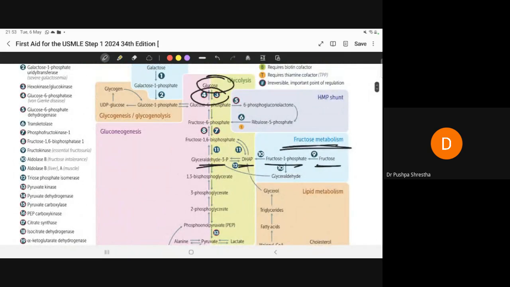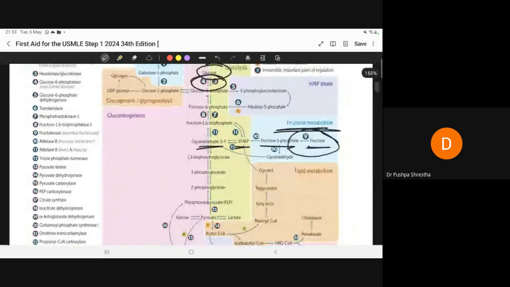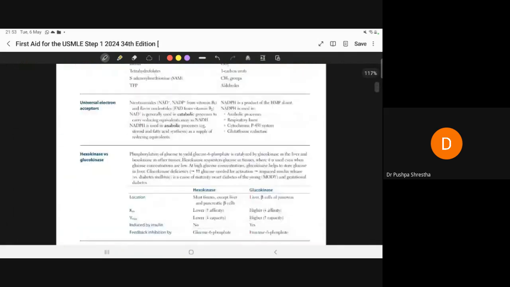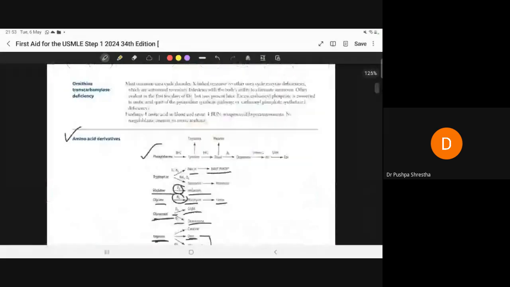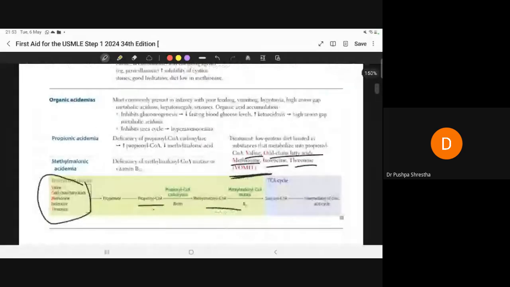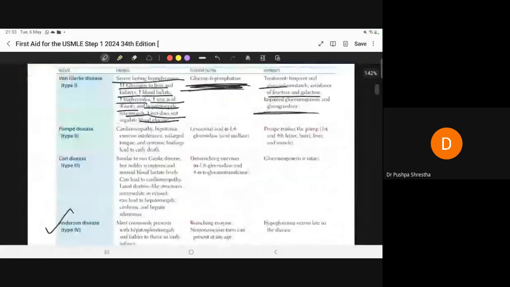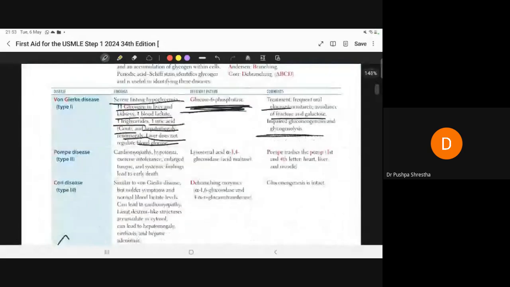If you do not have the enzyme that converts glucose-6-phosphate into glucose, it means even giving fructose is dangerous. The same goes for galactose, which contributes here but cannot go on to contribute to glucose. That's why in this disorder you also avoid fructose and galactose. This whole thing is von Gierke's disease, very high yield to keep in mind.